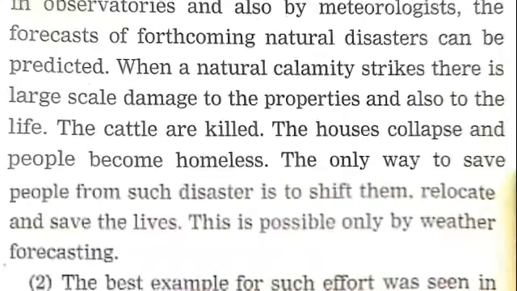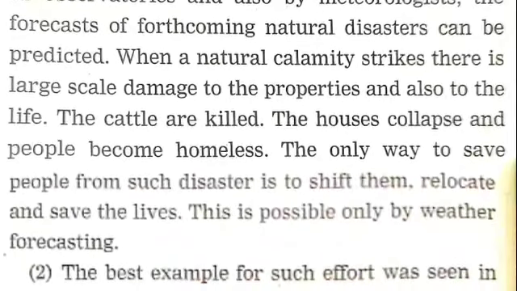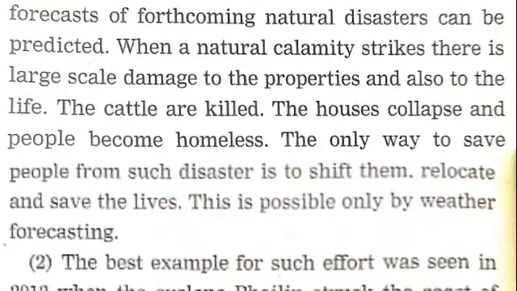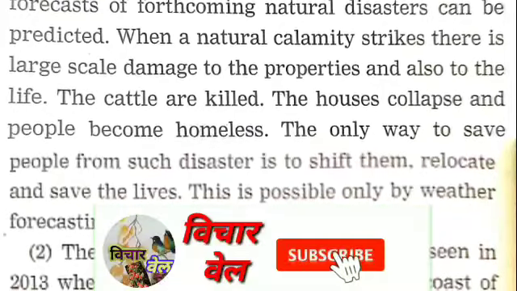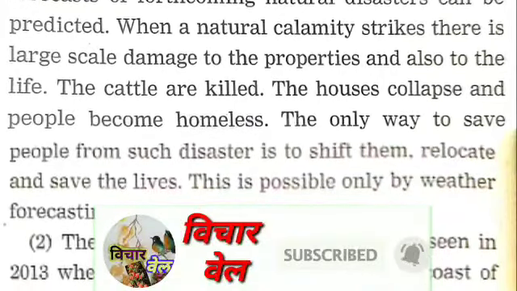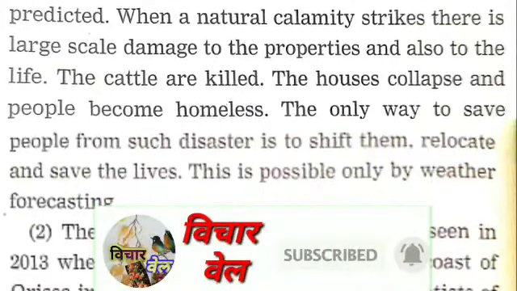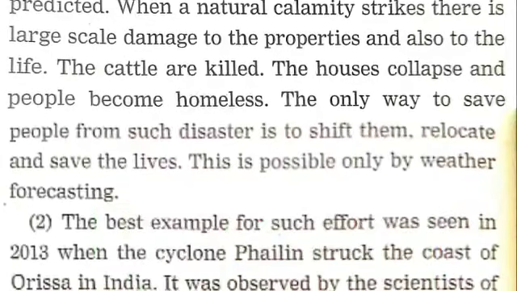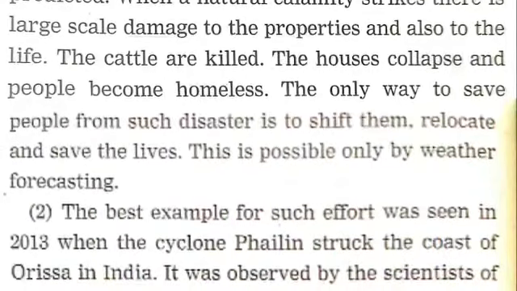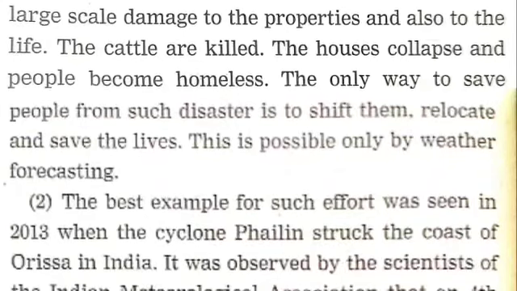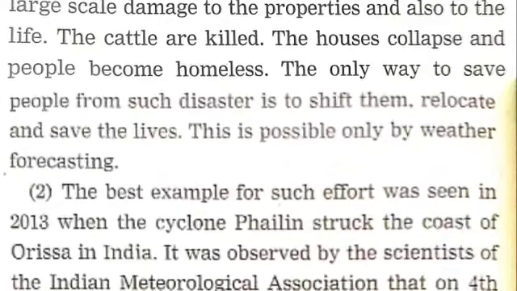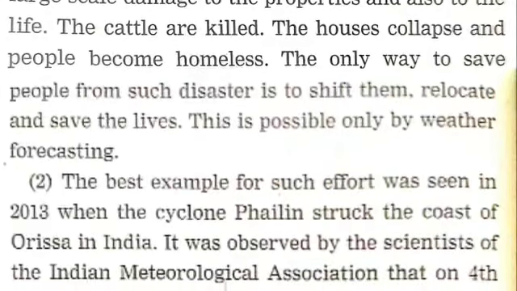When a natural calamity strikes, there is large scale damage to property and also to life. The cattle are killed, houses collapse, and people become homeless. The only way to save people from such a disaster is to shift them, relocate them, and save their lives. This is possible only by weather forecasting.